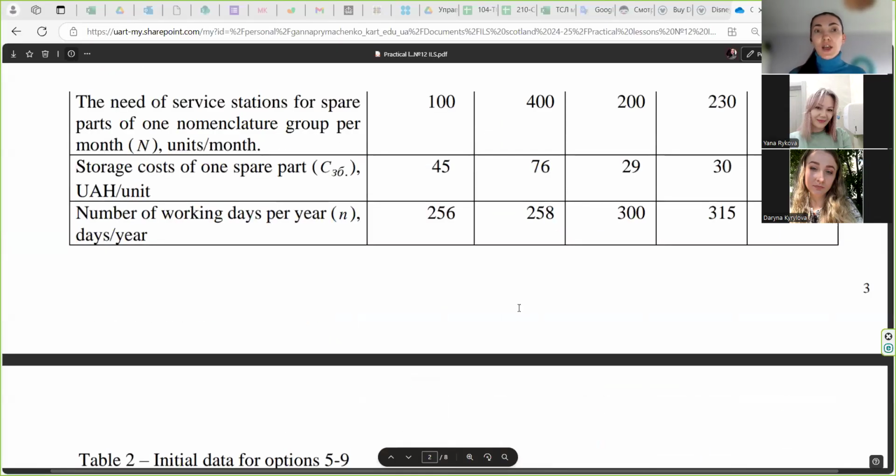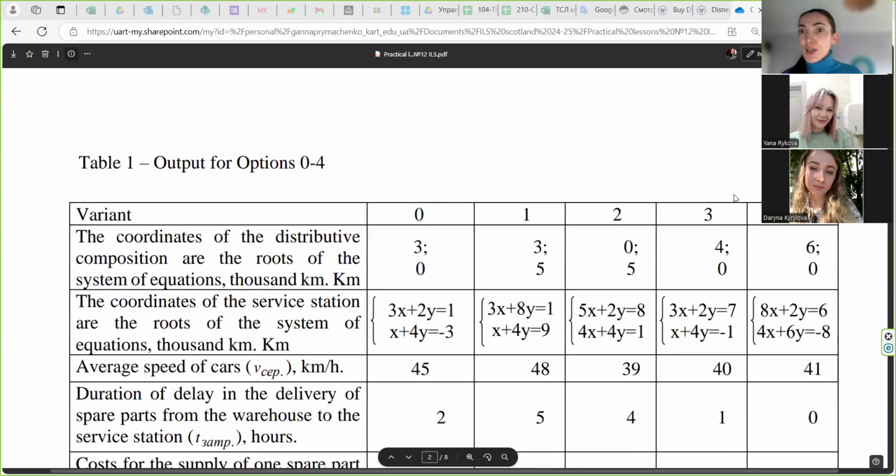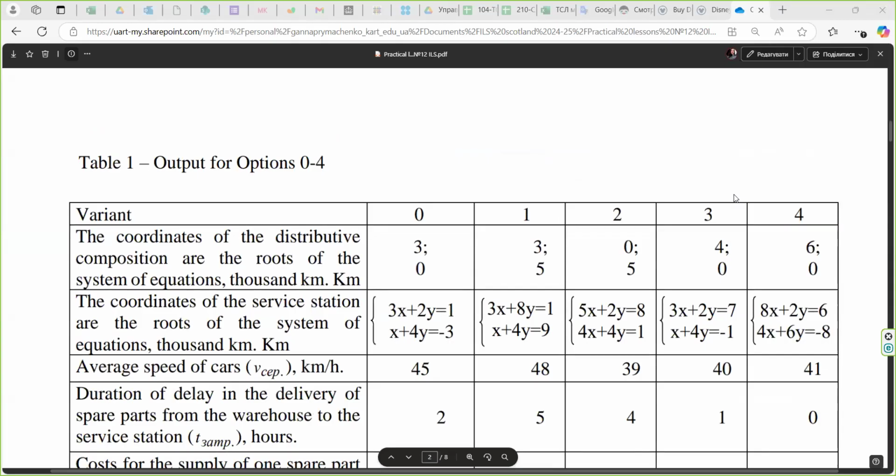Darina, for your variant, I open table 1. For point A, we used for 4 variants these coordinates. It is the first line of our table, the coordinate of the distribution composition, where our warehouses are located. For you, it is 6 and 0, 6 by X and 0 by Y, 1,000 kilometers.